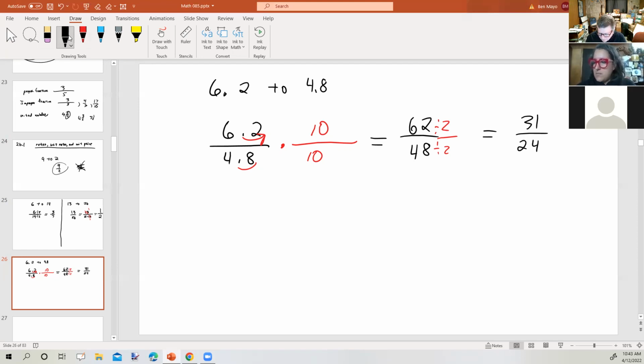Can I reduce that further? Well, it turns out that 31 is prime, so I can't divide it by 2 or 3 or something. So this would be my final answer. A whole number divided by a whole number, and it can't be reduced further. And again, do not change it to a mixed number. You're probably wondering, why do I keep saying that?